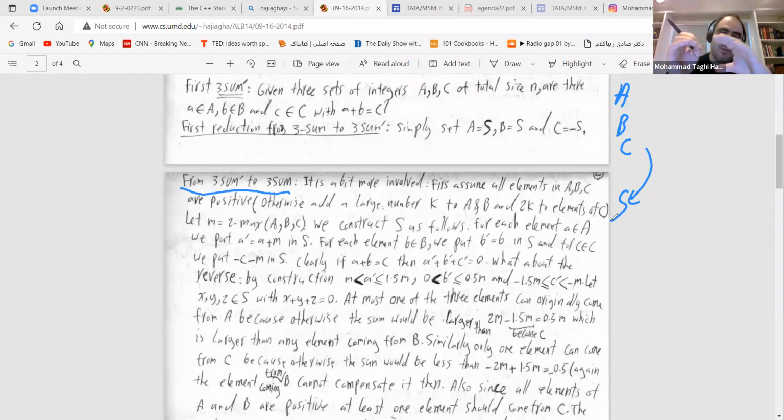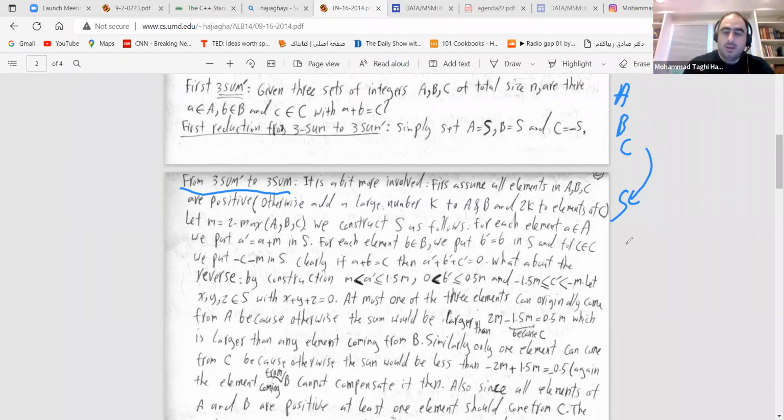Because here we need to force that a comes from A, b comes from B, and c comes from C. We don't have such a requirement in S. And that's exactly the reason that three-sum prime is an easier problem to work with than three-sum itself. So how can we do that? We can have a different range essentially for A, B, and C in S when we put them there.